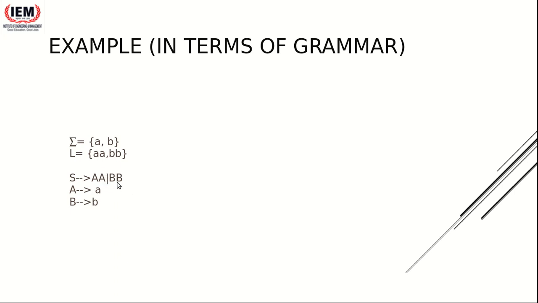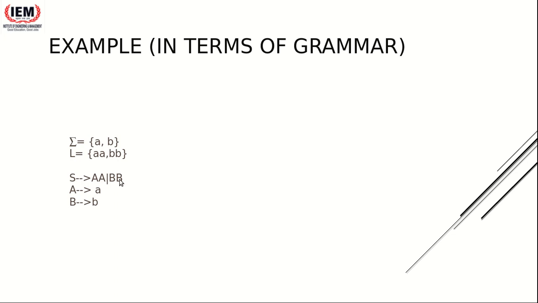This is OR, okay. And what is the value that this capital A is storing? My capital A is storing a small a and my capital B is storing a small b. So if you try to evaluate this expression, this is my starting state, it goes to A. A can be replaced by small a. This means that S tends to small a, which is part of the language.